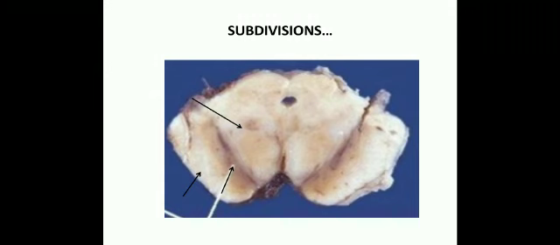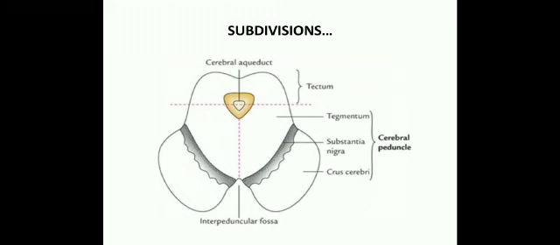Centrally in the median plane we can see a circular structure, that is the cerebral aqueduct. Above that is the tectum. So here you can see the subdivisions, and we can represent them diagrammatically like this. The tectum and the tegmentum can be separated by an imaginary line passing through the center of the cerebral aqueduct.